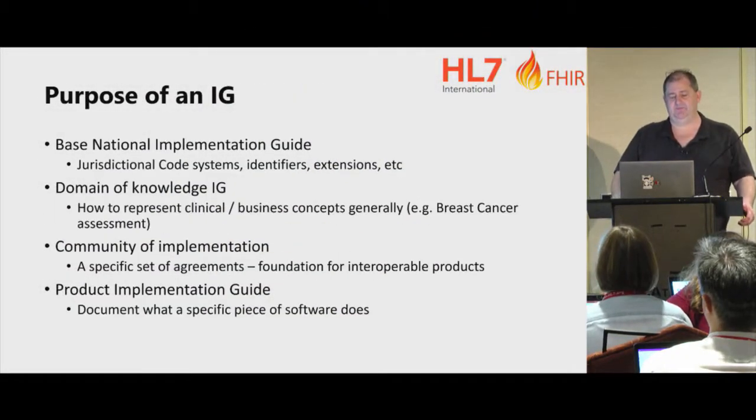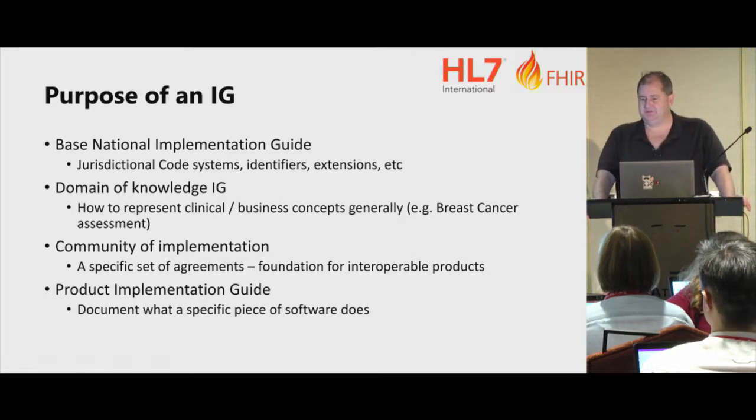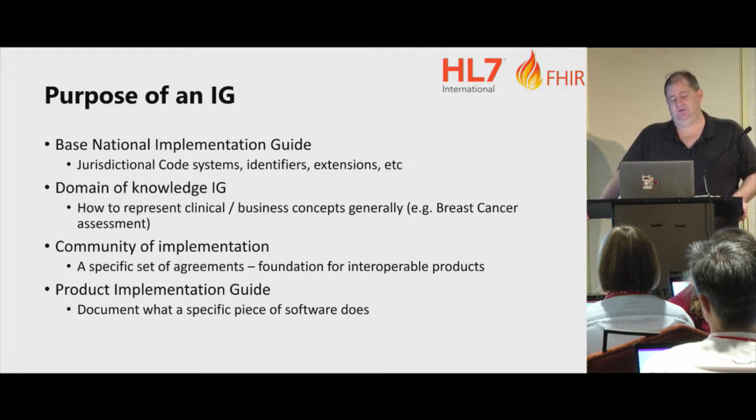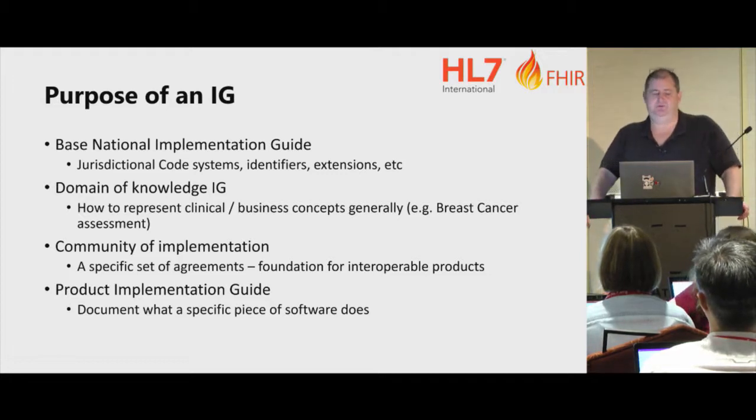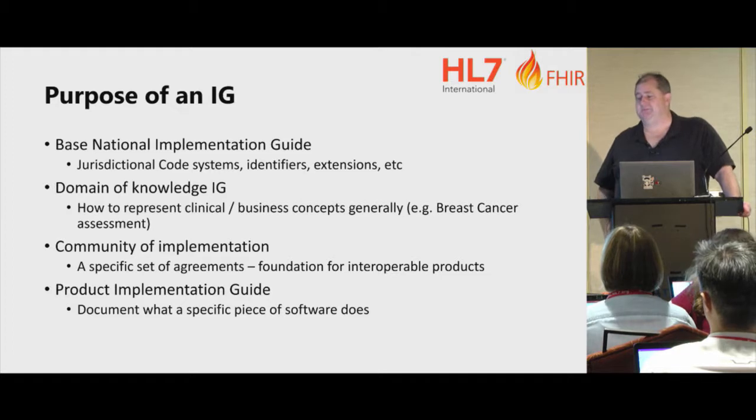Alrighty. So in our set of implementation guides that I have seen, we pretty much have 4 base categories of implementation guide. First is a national implementation guide. It doesn't actually describe an implementation.